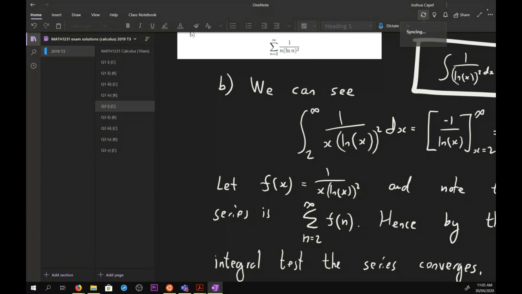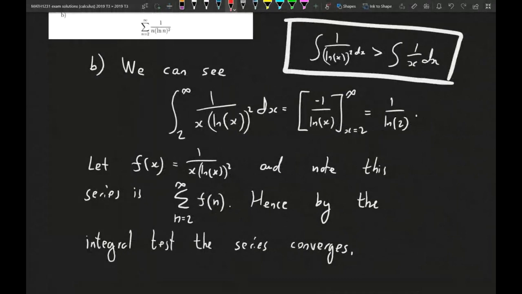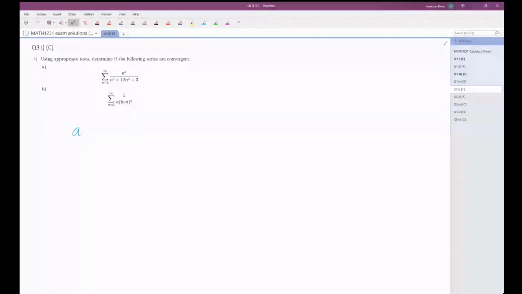Okay. Anyway, if you look at the integral test in the notes, maybe I'll share my screen. I've got a screen clipping from the notes, so I'll just paste that in.